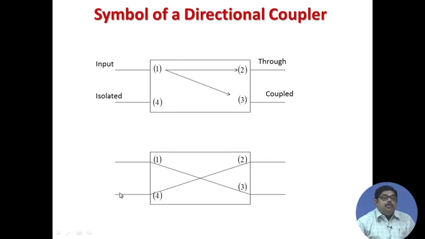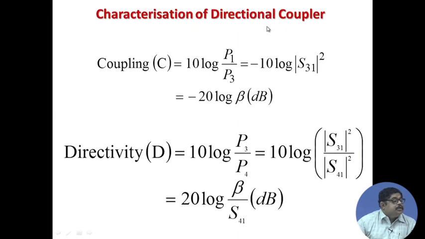Now, that will go to port 4, it will not disturb the other ports like port 3. So, directional couplers are characterized by 4 quantities.